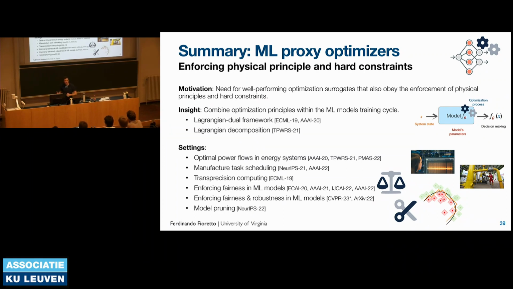The insight was to combine or apply optimization principles within modern deep learning networks. We have seen a few of them. We haven't applied this only in power systems or task scheduling, but also in transportation, computing, enforcing fairness properties in machine learning, enforcing robustness in model pruning, and so on. So this technique is pretty versatile.